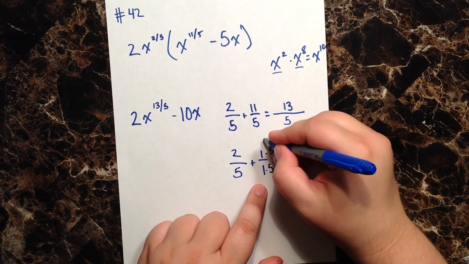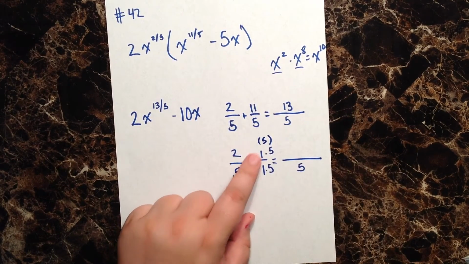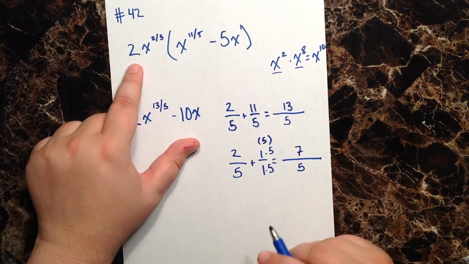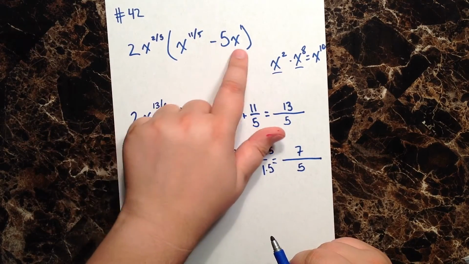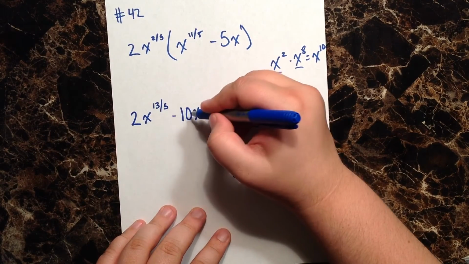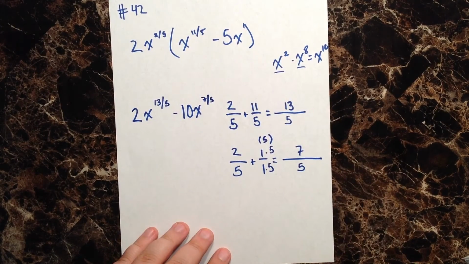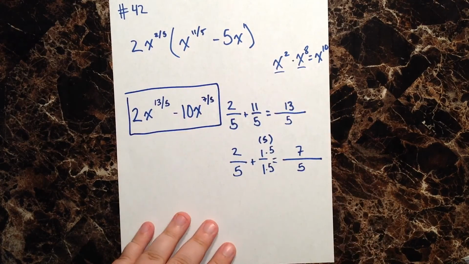And 1 times 5 again is 5. So really I have 2 plus 5 gives me 7. And so when I multiply 2x to the 2/5 power times negative 5x, it comes out as negative 10x to the 7/5 power. And that is my final answer.